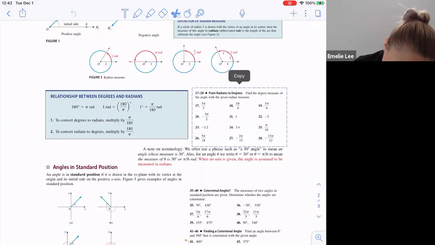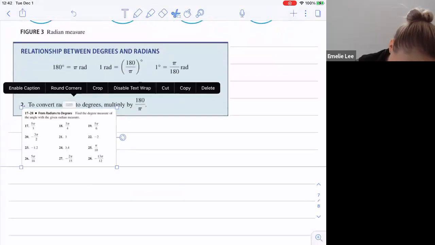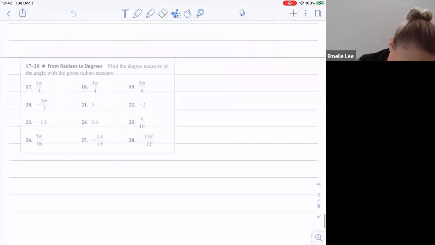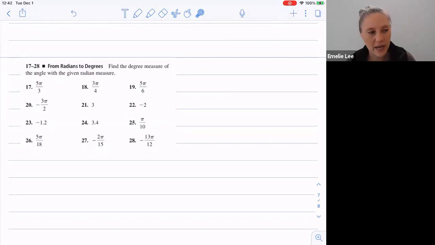We'll do some conversions, mostly from radians to degrees, just because degrees are more familiar, probably. If I tell you I make a 90-degree turn, you know it's like this. 180, 360, full circle. So we know a lot of degrees already.